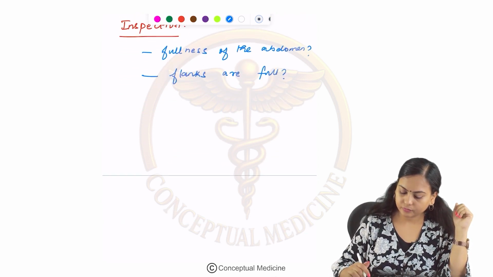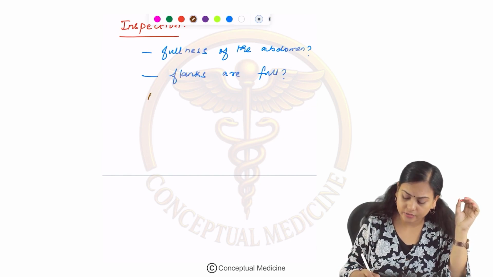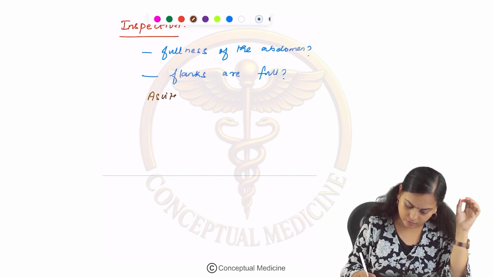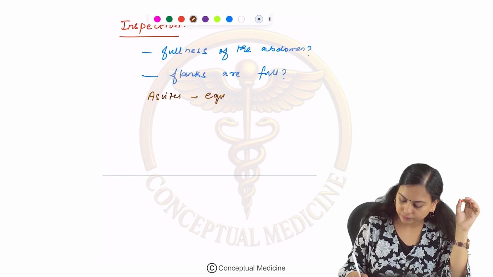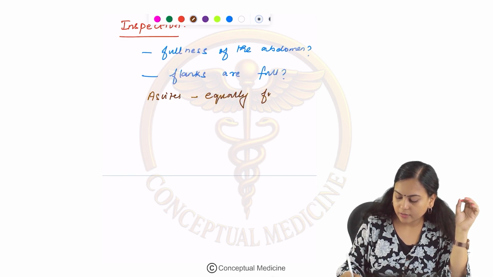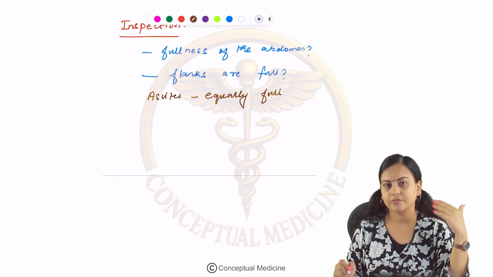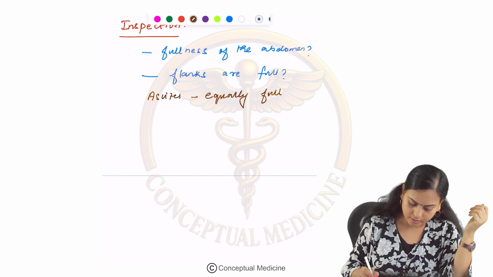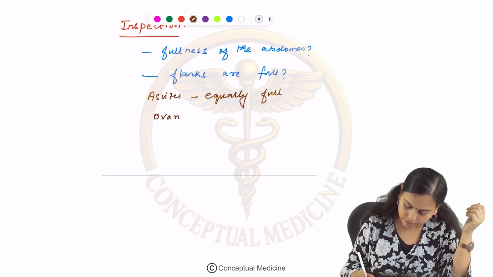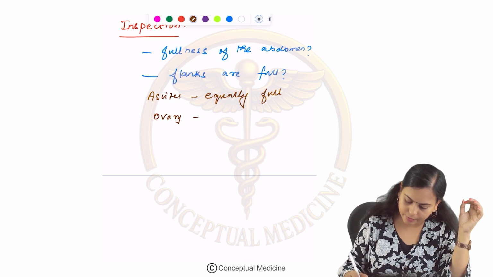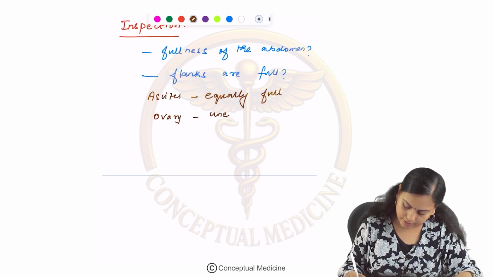In case of ascites, it looks equally full usually. This is a differential diagnosis, right? And in case of ovary involvement, there will be unequal enlargement.